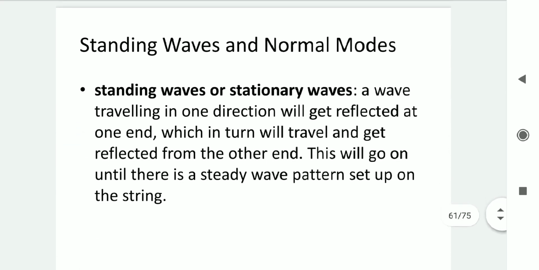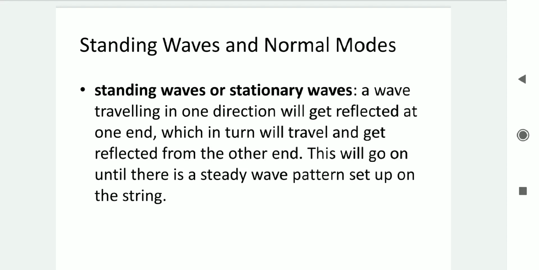Next, standing waves and normal modes. A wave traveling in one direction is reflected at one end, then travels and is reflected from the other end. This goes on until a steady wave pattern is generated on the string.